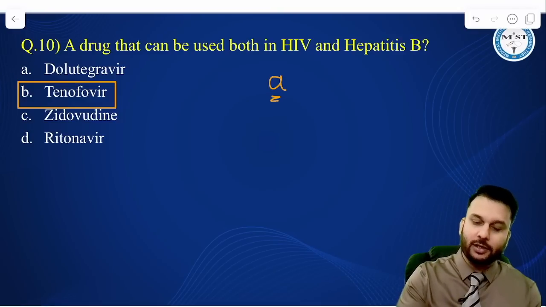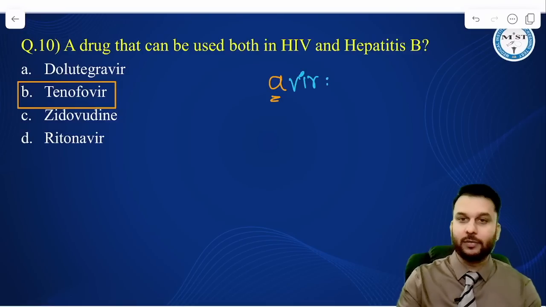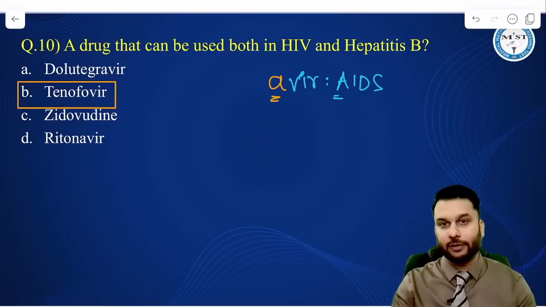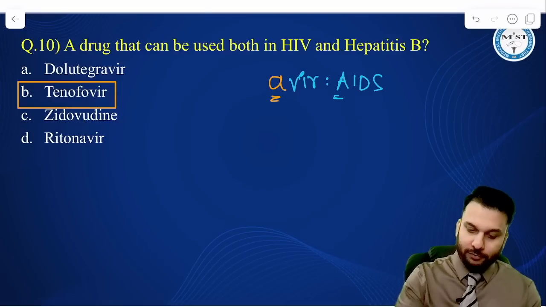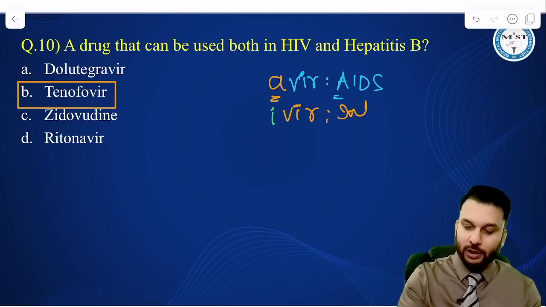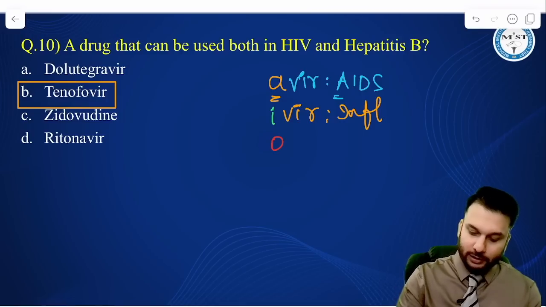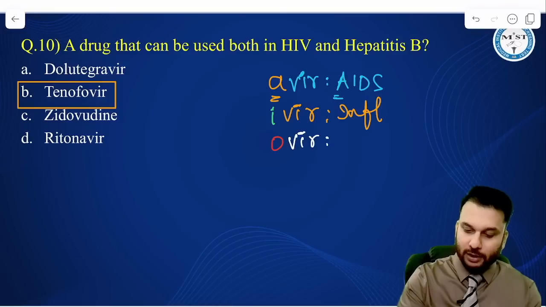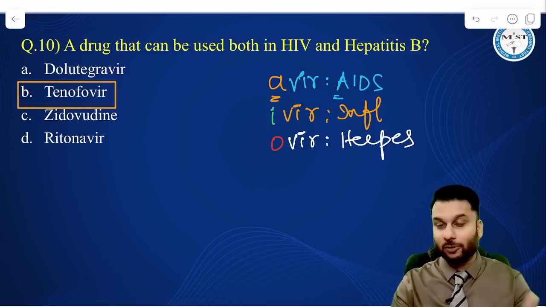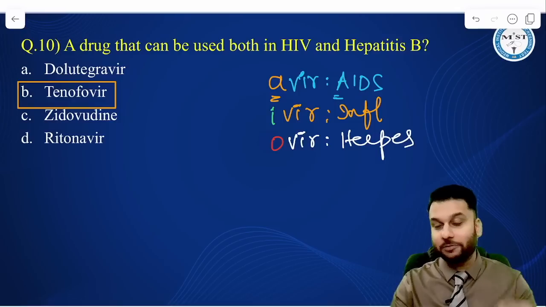If a drug has avir in the name, I told you those drugs are used for AIDS, in HIV. Then if a drug has ivir in the name, those drugs are used for influenza virus. And if you see ovir in the name, I told you that ovirs are the drugs used for herpes, with one exception. See, acyclovir, ganciclovir, they're used for herpes, with one exception I used to tell you, and that exception is tenofovir.